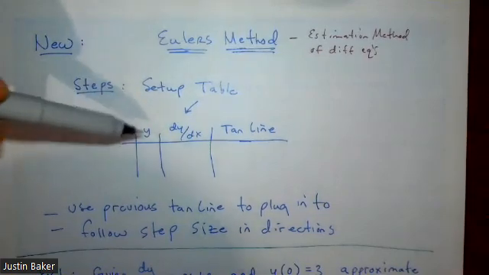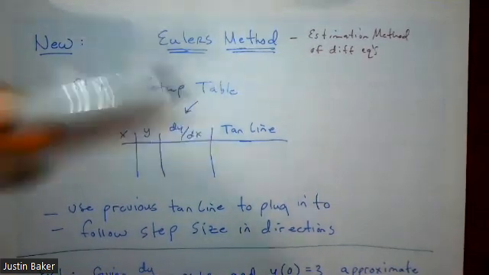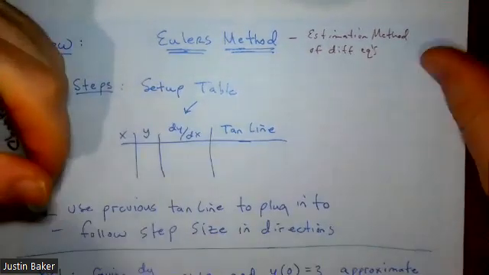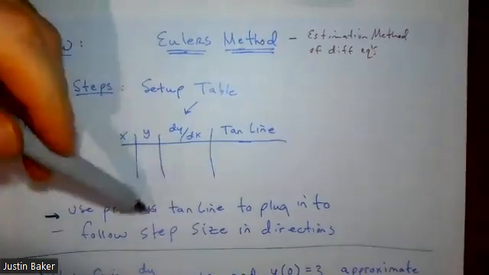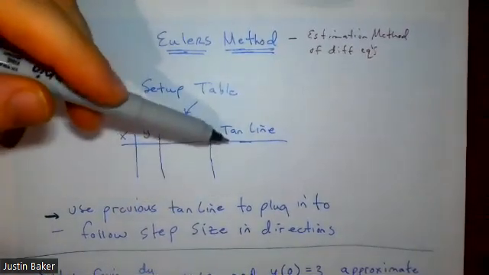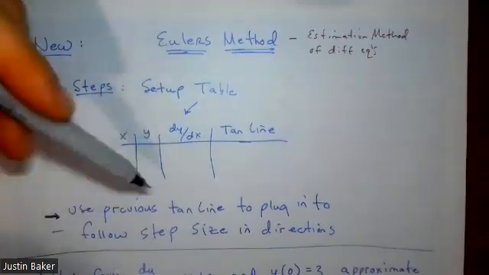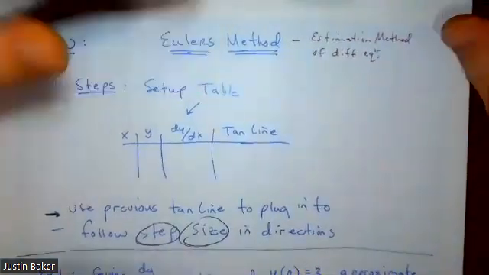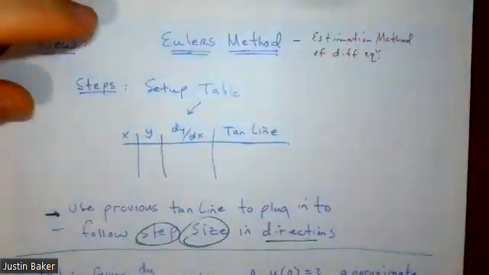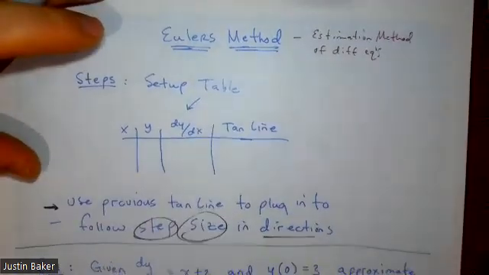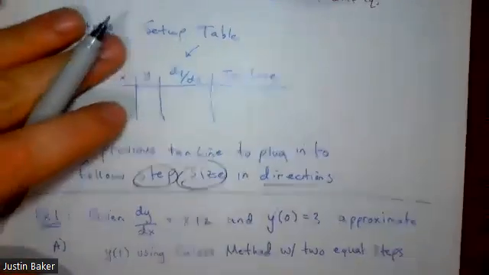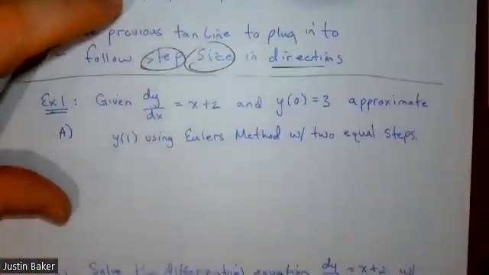With that information, we want to keep in mind that we're going to be using the previous line for each new line of information. And we're going to be looking for a step size in the x direction. Usually the first time you do one of these, it's a little messy. And right around the second one, you're going to start to get it.